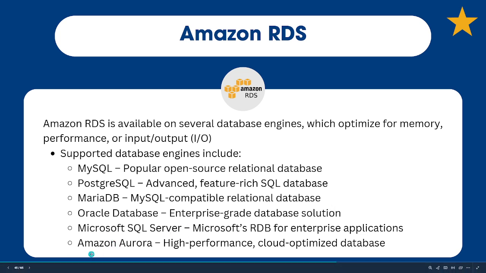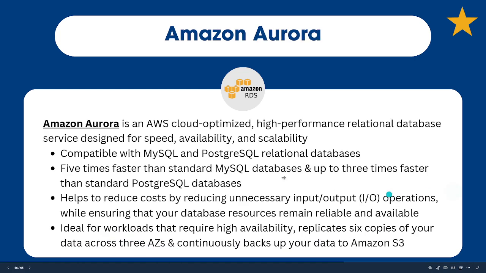And then they even have their own in-house service called Amazon Aurora, so their own flavor of cloud-optimized databases. Amazon Aurora is AWS cloud optimized, specifically made to be used on the cloud. It's high performance, designed for speed, availability, and scalability. It's compatible with MySQL and PostgreSQL, some of the popular ones. Like I said, only the two that I've used.